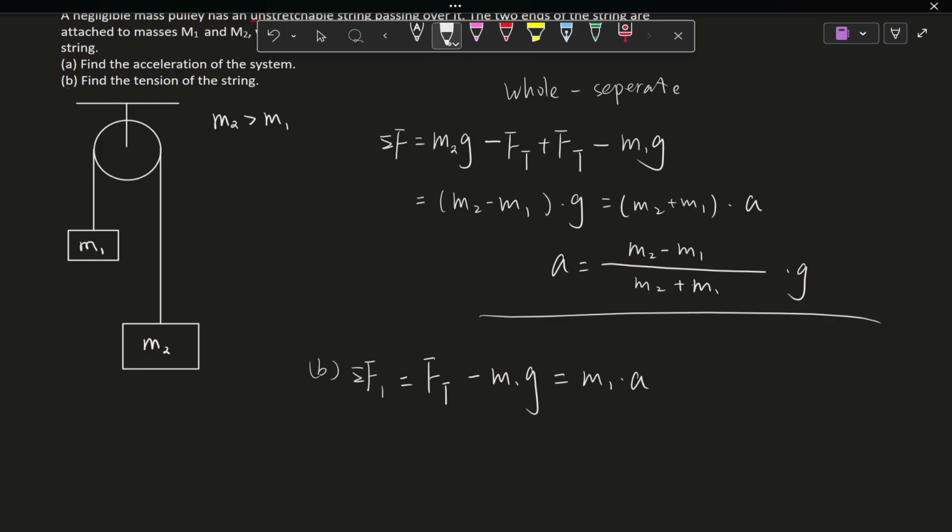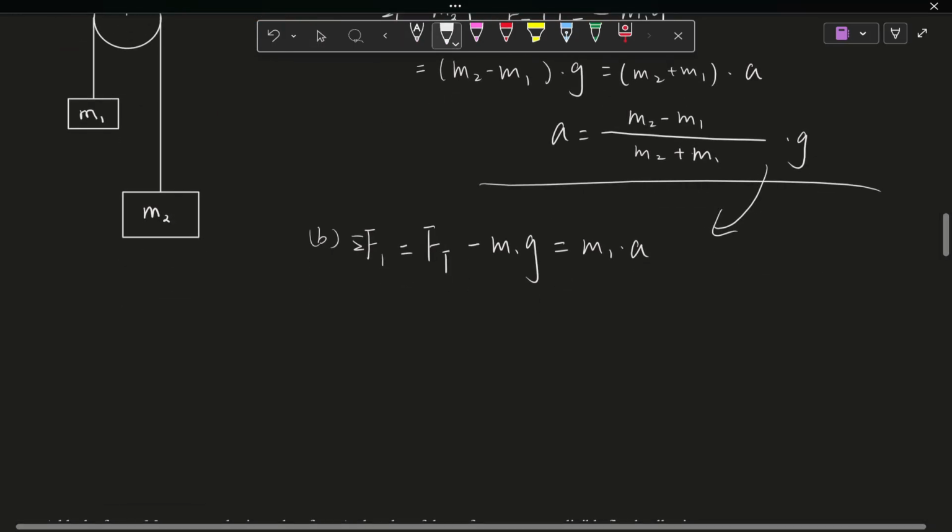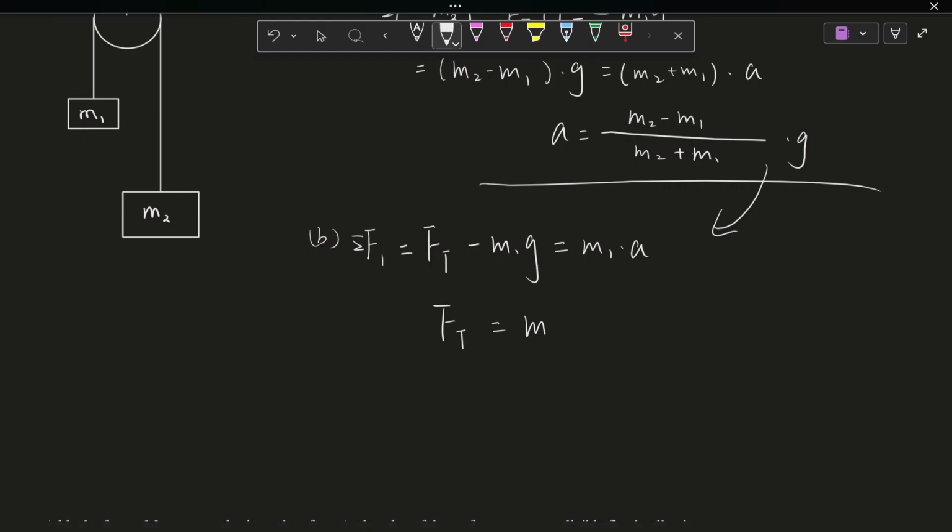We can plug the A we already got over here. And then we can get Ft is equal to M1G plus M1 times, well, let's write M1 times G. You can easily figure it out if you learned algebra 2 or even algebra 1, because I literally just put G to the front.